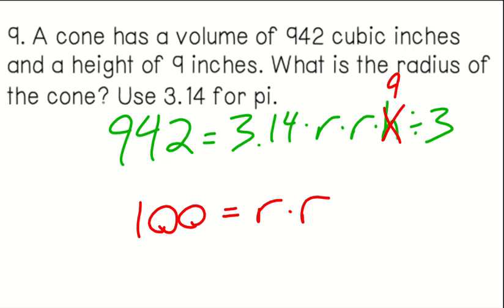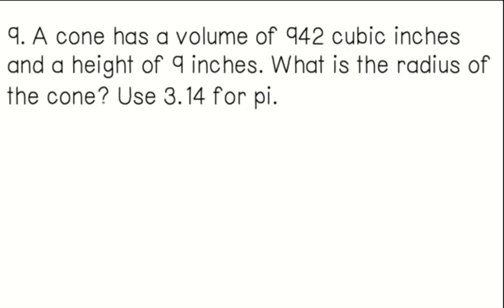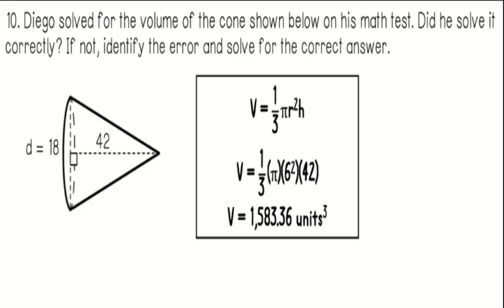Remember, the radius can't be different numbers for the same shape. So it's got to be the same number. What number times itself makes 100? 10. 10 times 10 is 100. So our radius is going to be 10. Any questions on that? A little tricky when you find radius. Cones are definitely harder than cylinders just because of that extra divided by 3.